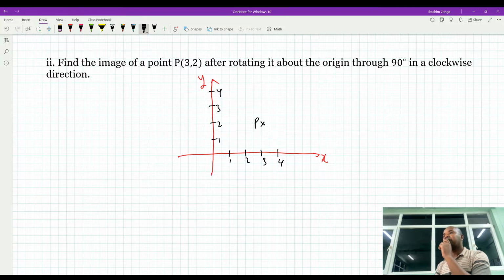And this point is rotated in the clockwise direction about the origin.